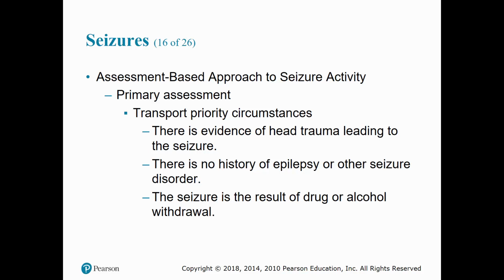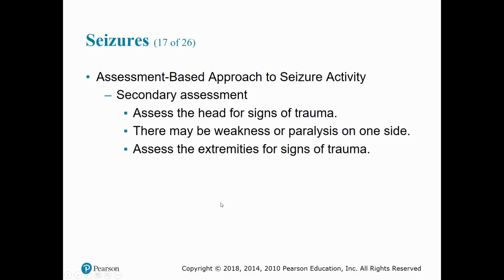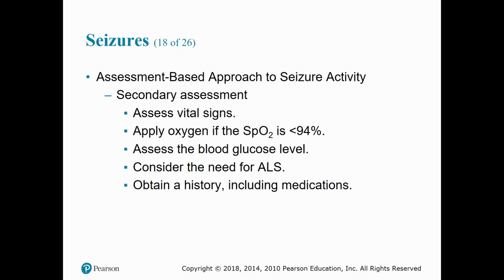There's no history of epilepsy or other seizure disorder. The seizure is a result of drug and alcohol withdrawal. This is our normal assessment stuff, coming down to a secondary assessment.